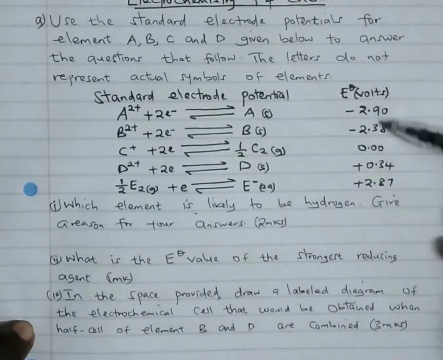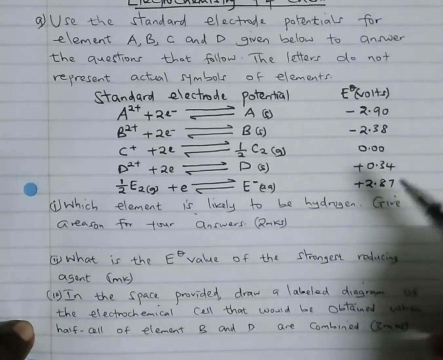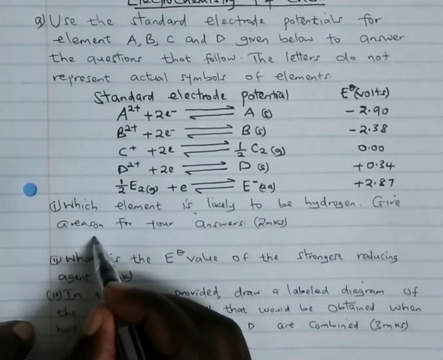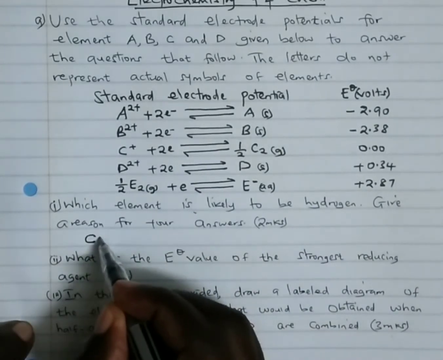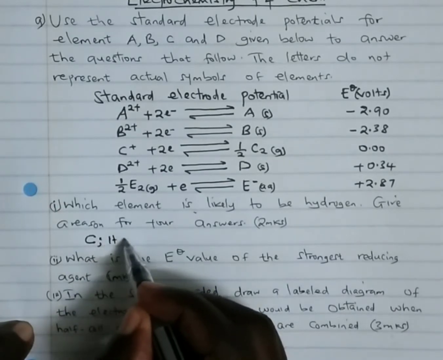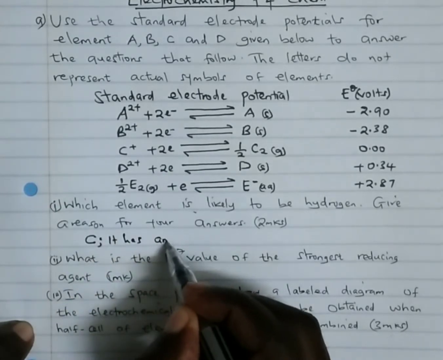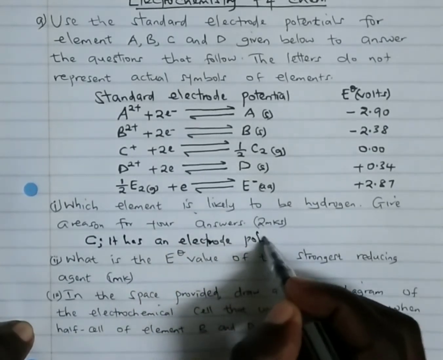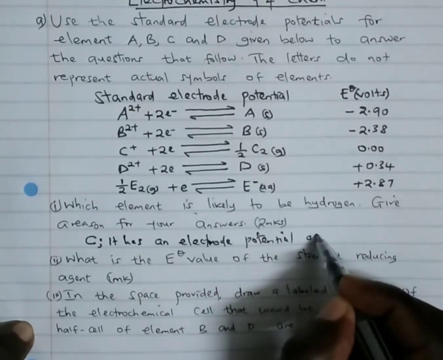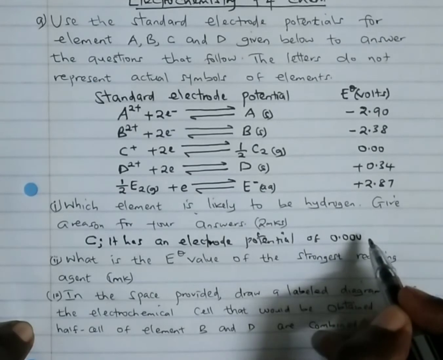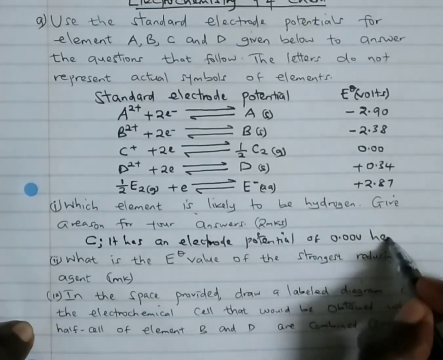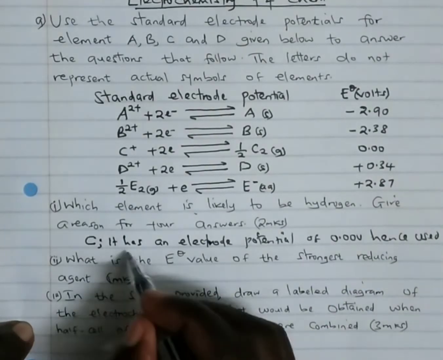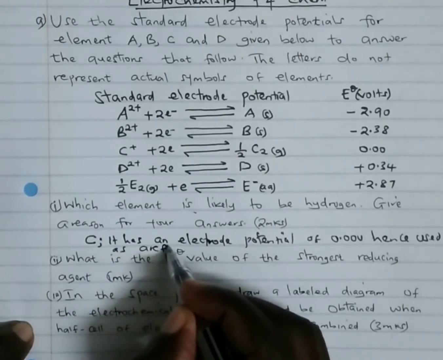You go through the E theta values and identify the one that has an E theta value of 0.00, and that element is element C. The simple reason one can give is that it has an electrode potential of 0.00 volts, hence used as a reference electrode.